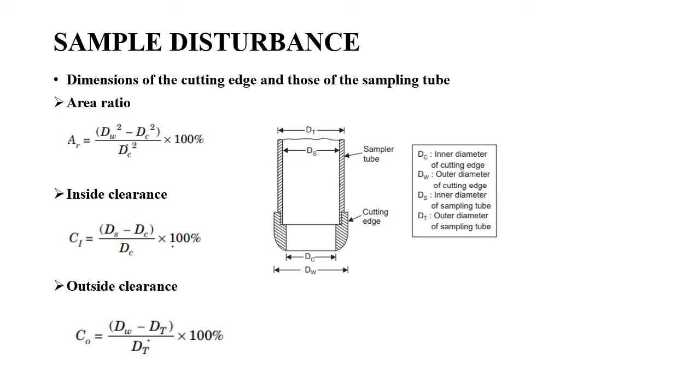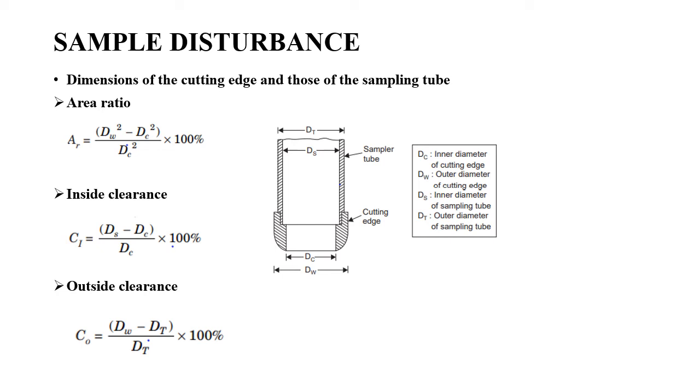naturally there is an elastic expansion of the soil sample entering into the tube. For getting a good quality sample, the sampler should be able to retain the soil sample within it. It should not just slide out of the sampler.